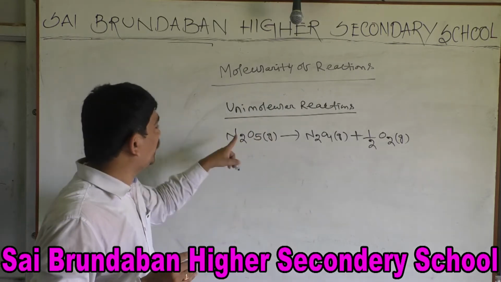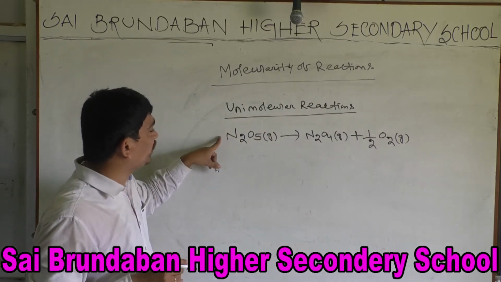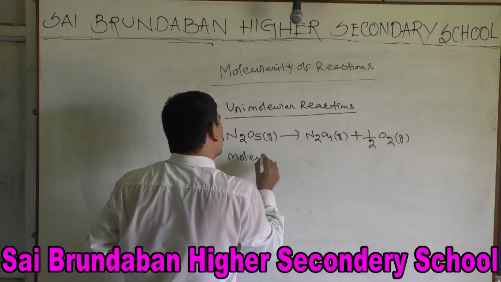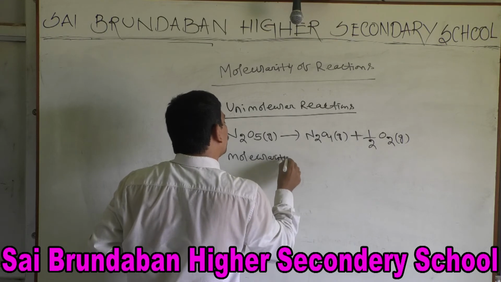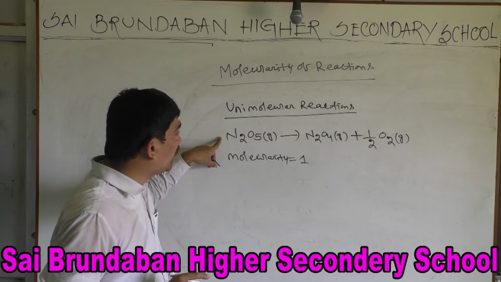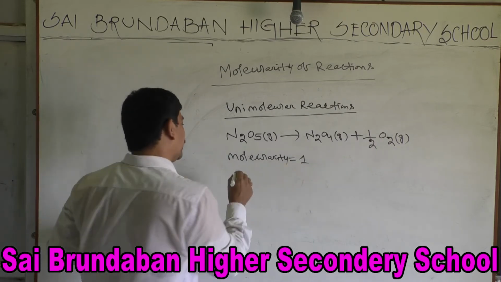So what is the molecularity of the reaction? What is the coefficient of the reactant? It is 1. So molecularity is 1. Unimolecular reaction. Coefficient is 1. So molecularity is 1.